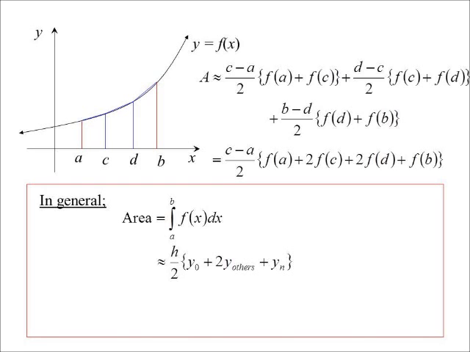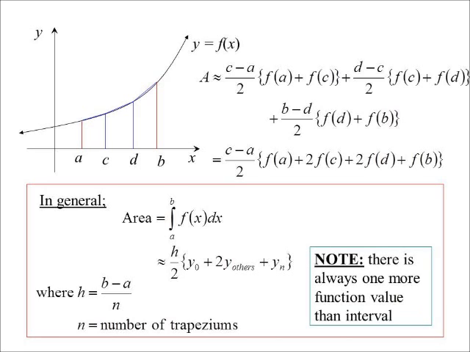To work out the height then, I could always go, well, it's B minus A divided by the number of trapeziums or strips. Sometimes you'll see them called intervals, but basically how many we're breaking it up into. And you're always going to end up with one more function value than the number of strips. So be careful with that.